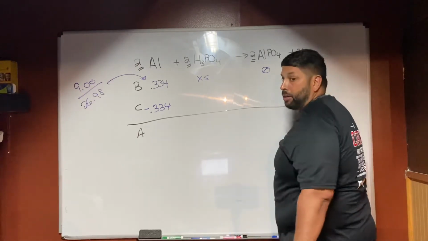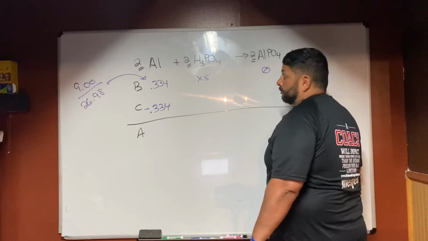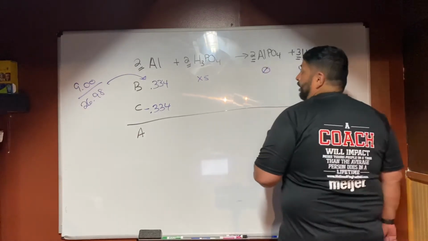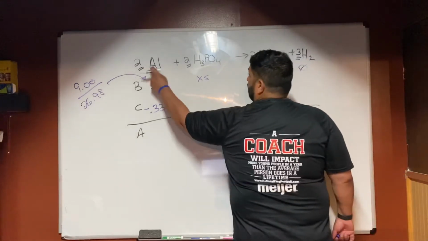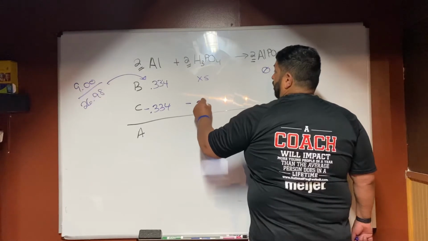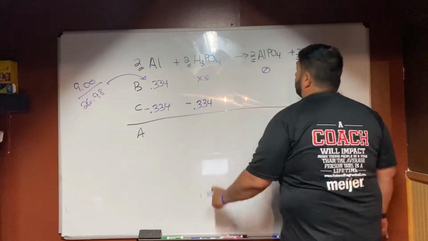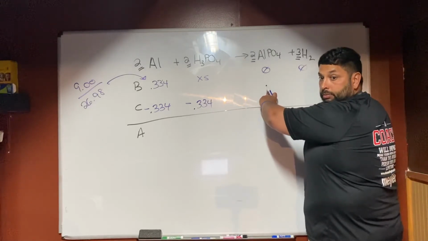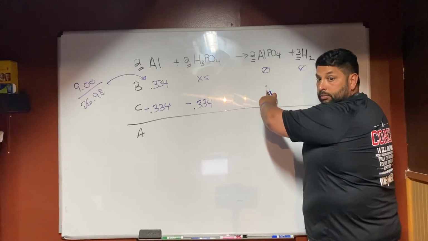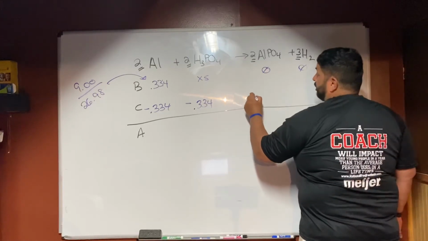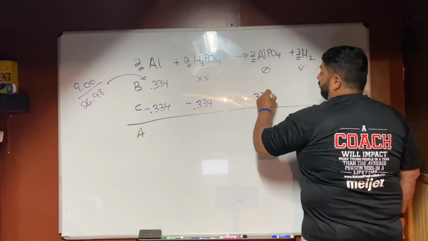Should be an easy number for anybody. By the silence, I think you're confused on what it is. The ratio is 2 to 2, which means 1 to 1. I'm using that much, and I don't have to do any more math for aluminum phosphate. Because it's 1 to 1, I'm making 0.334.